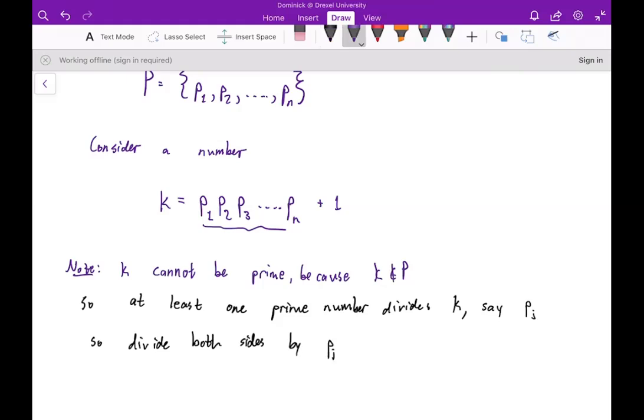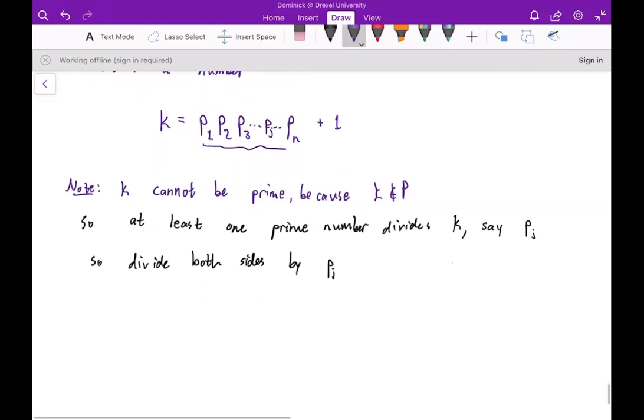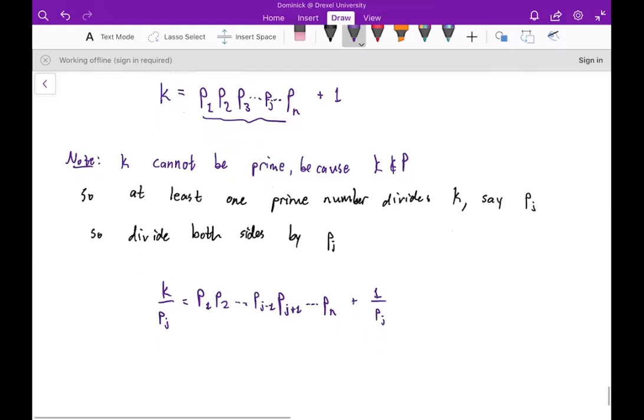And we'll say that in our list, somewhere maybe over here is Pj, just so you can see that it's coming in there. Now, if I divide both sides by P sub j, I'm going to get that K over P sub j, right, should come out cleanly, and I'll get P1 times P2, and now I won't have Pj. I'll have P(j minus 1), and then I'll skip to P(j plus 1), and then Pn, plus 1 over Pj.